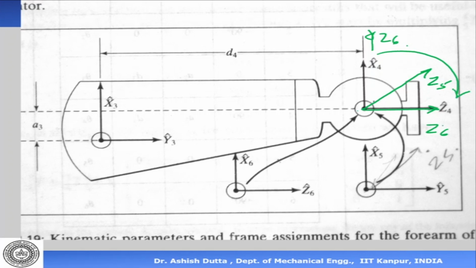So Z4 and Z6 are along the same direction. Please refer to the previous class notes, which explain why it is done that way. So this is my Z3, and Z4, Z5, and Z6 are along that direction.